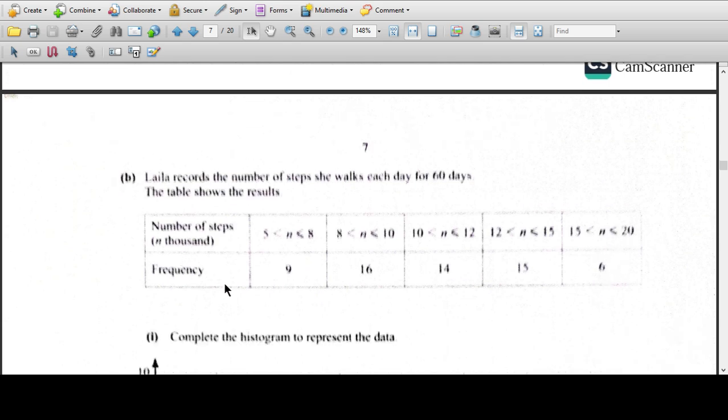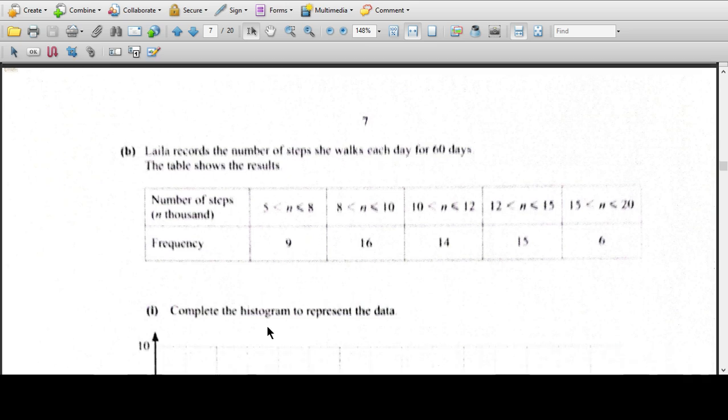So this is the recording of Layla's walking number of steps.